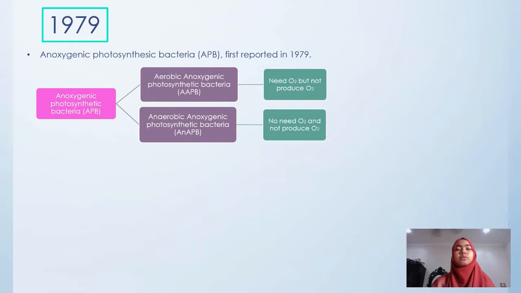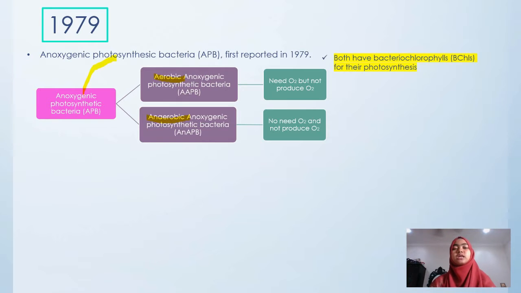Anoxygenic photosynthetic bacteria can be classified into aerobic and anaerobic. Aerobic needs oxygen, and anaerobic is without oxygen. Anoxygenic photosynthetic bacteria do not produce oxygen, but oxygenic photosynthetic bacteria produce oxygen.